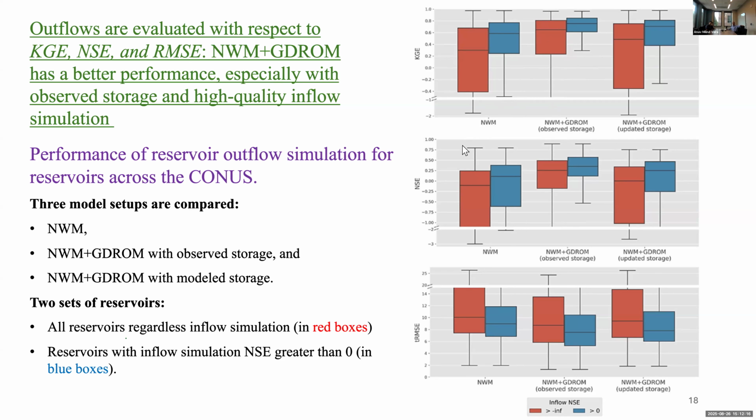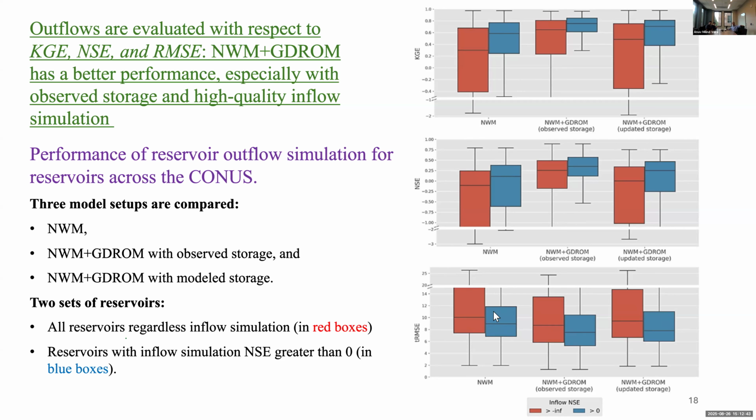Then we also compare this with NSE and RMSE. The KGE and the NSE are more often used to measure the high flow and intermediate flow. RMSE, just like log NSE, is more appropriate to use to record the low flow.